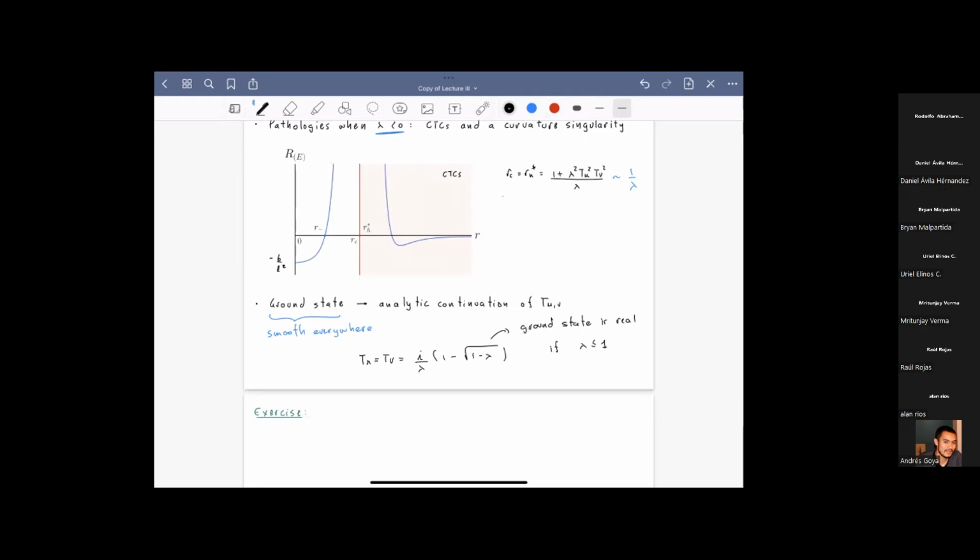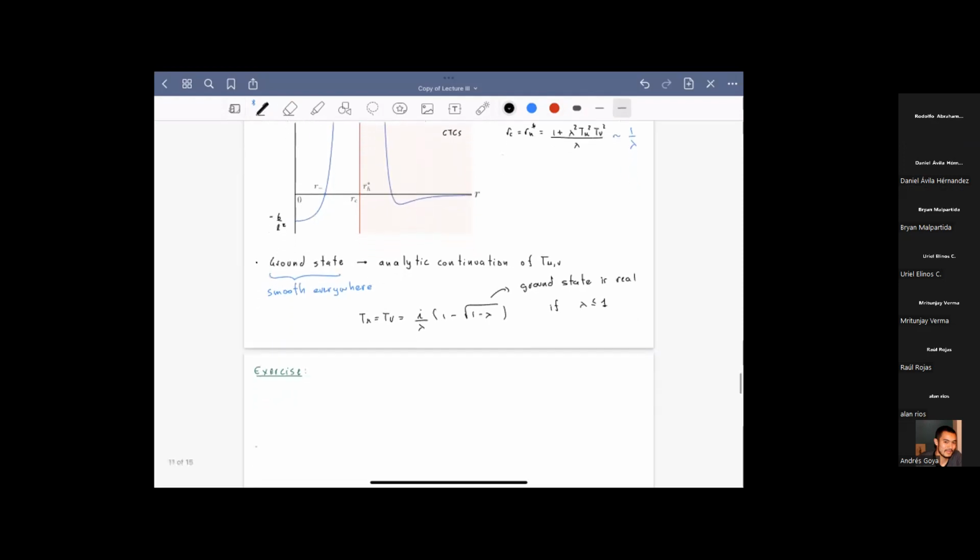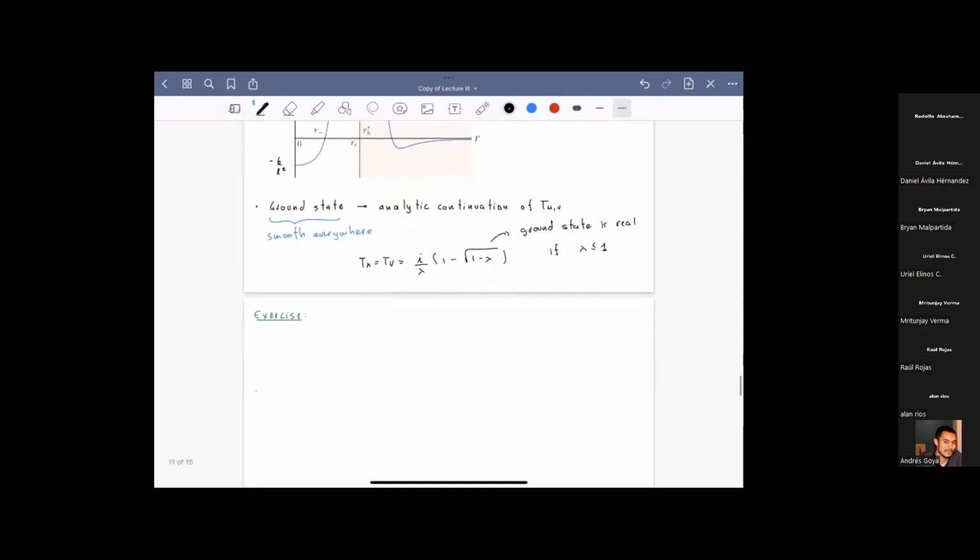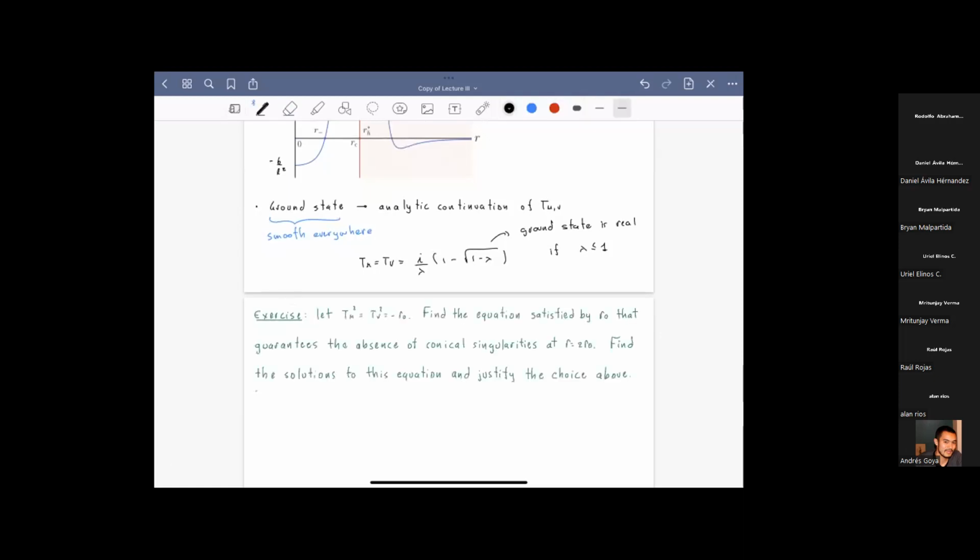Okay. And if you're interested to see how this comes about, you can do the following exercise. You can parameterize the temperatures, or this T_U T_B parameter, in this way and find the equations that must be satisfied so that you don't have any conical singularities in this geometry. And then you can find the solutions to this equation and show that they can be put into this form.